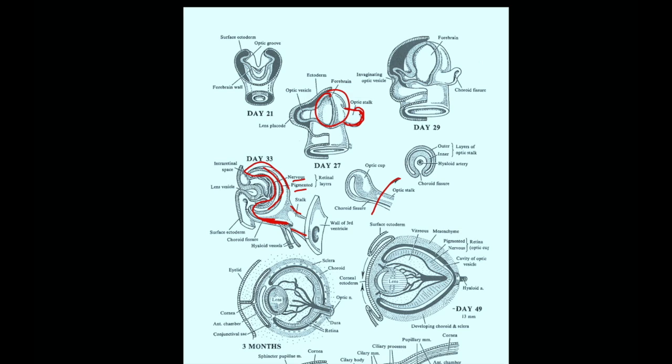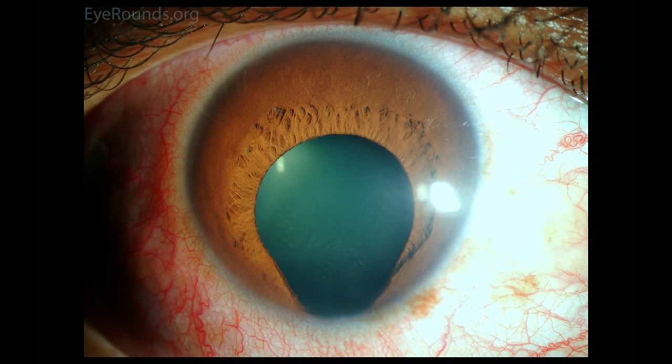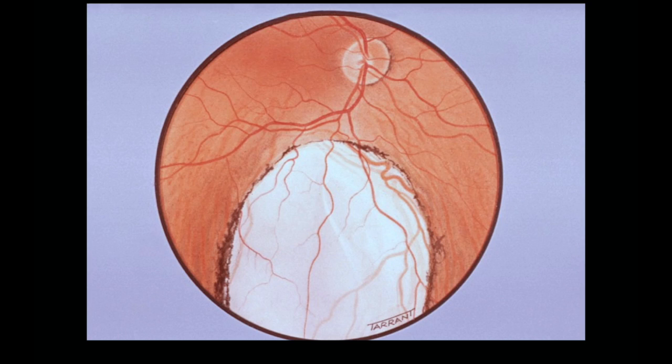You have taken a cross section at this hole, and this is the choroidal fissure. So this fissure should close. If not, there is coloboma. So coloboma is a defect. So when there is a failure to closure of the fissure, it forms a coloboma here. You can see a keyhole defect of the iris. This is called as the iris coloboma. Similarly, there is going to be a retinochoroidal coloboma.